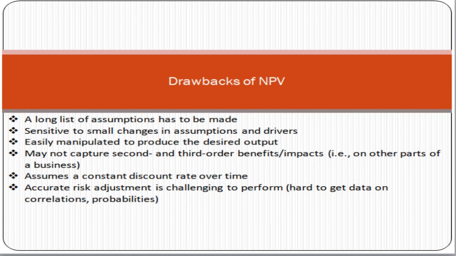The drawbacks of net present value: a long list of assumptions has to be made, it is sensitive to small changes in assumptions and drivers, it is easily manipulated to produce the desired output, it may not capture second and third order benefits and impacts, it assumes a constant discount rate over time, and accurate risk adjustment is challenging to perform.